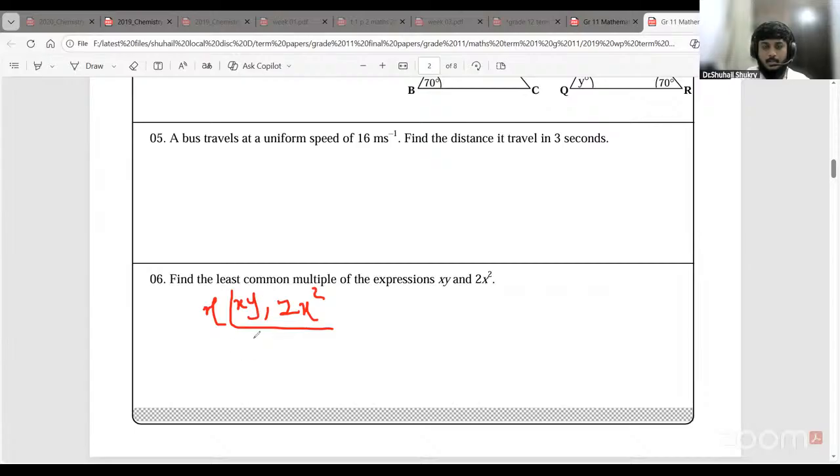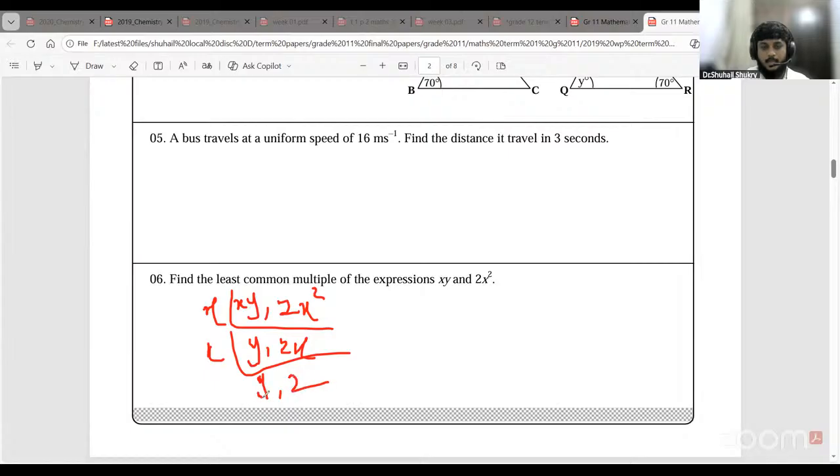So you get y, and one x goes away. Here it will be 2x. Again divide by x, and you get y on one side and 2 on the other.